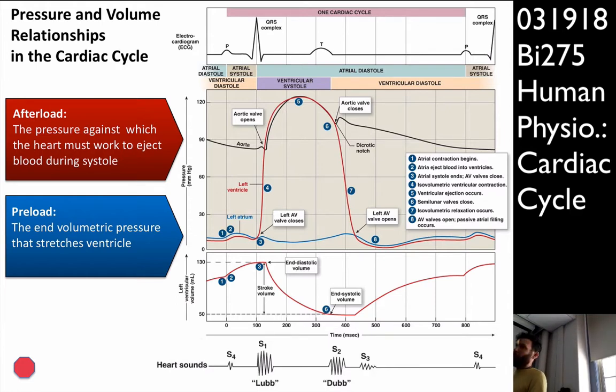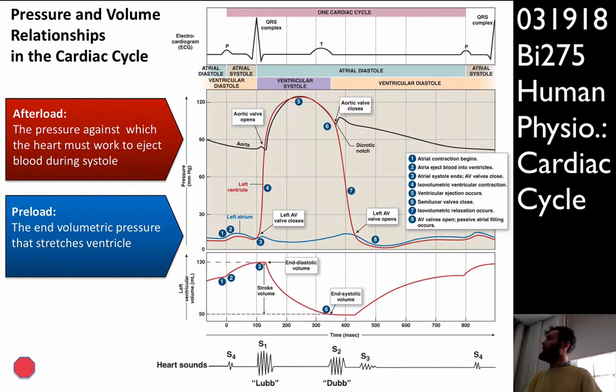Everything's synced up along the x-axis in terms of a single cardiac cycle, and I have the various observables here. On the top is the ECG, which gives us an insight into the electrical conduction pathway and the events that are happening there: the P wave, the QRS complex, and the T wave.